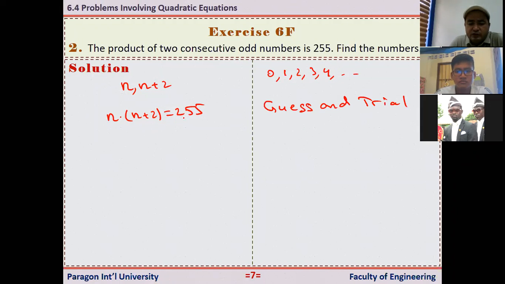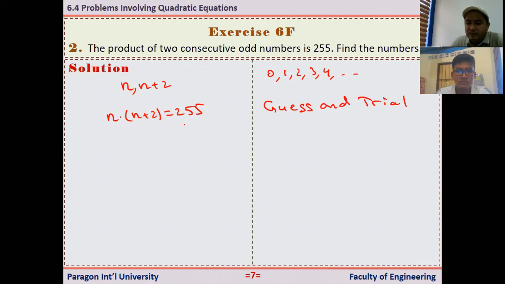So 255. We know that 15 times 15, that is 15 squared, is 225, right? How about 16 squared? 16 squared is 256. So n should be very close to 15 and 16. If I guess, for example, 15, the next number is 15 plus 2.